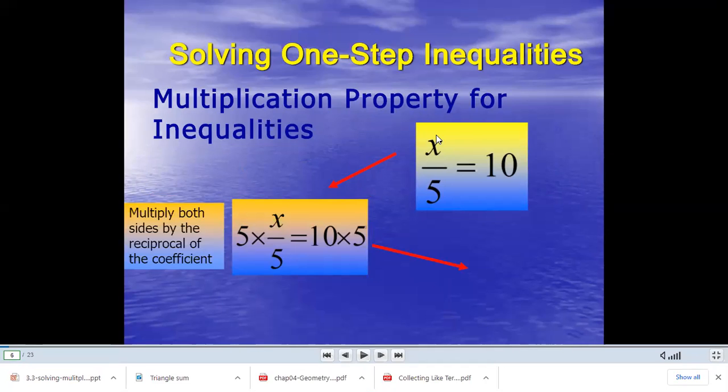When we have x over 5 equals 10, we multiply by 5 on both sides to remove 5. You multiply the left side by 5 and the right side by 5.